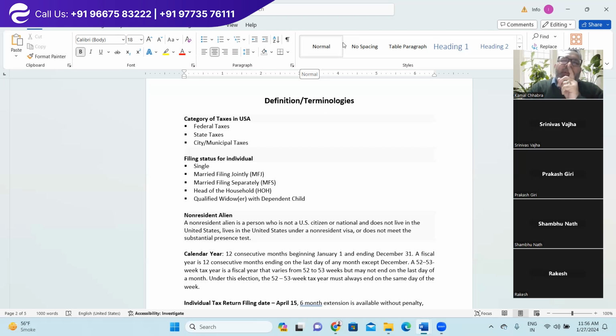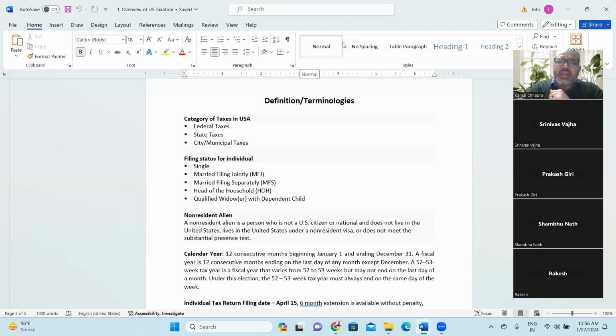They are both filing one return, which means they are sharing their income, expenses, bank statements, social security, and other details with each other. I know some of you might be married, no offense to anyone. How many of us are comfortable sharing our bank details with our spouses?